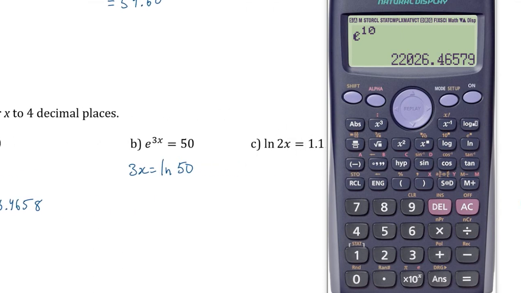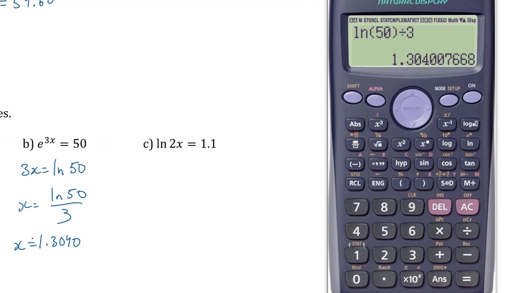And how do you know to do that? Well, a little bit of experience. When you've got x in the exponent, probably you want to rewrite it in logarithmic form. So then I've got x equals ln of 50 over 3. Ln of 50 bracket divided by 3 gives me approximately 1.3040.